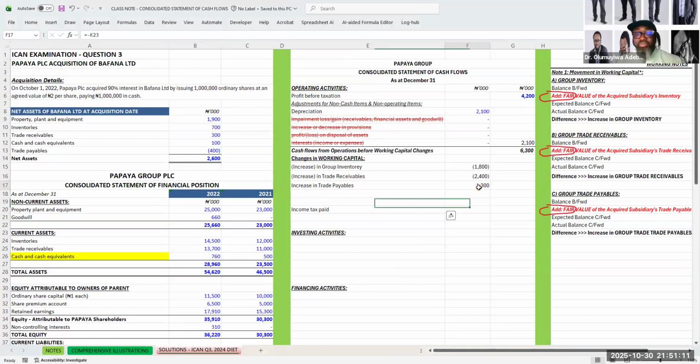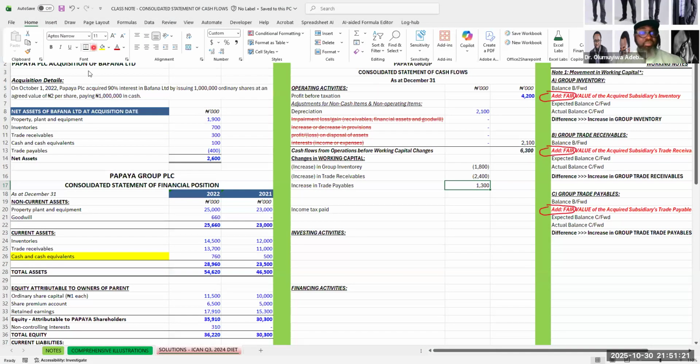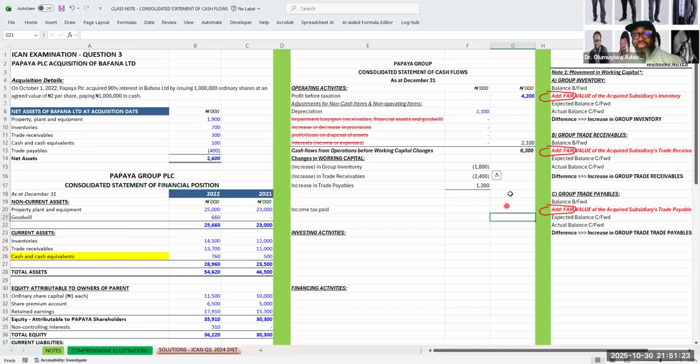All things being equal, what then is our total adjustment? Our total adjustment for changes in working capital is this. And what should I see?